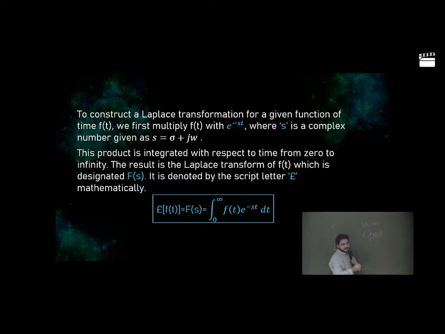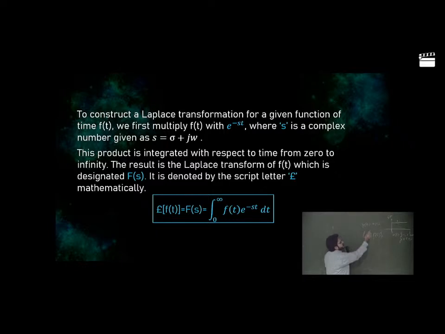Everybody knows what u(t) is. The unit step function is 1 when t is greater than or equal to 0, and 0 when t is less than 0. So for time less than 0 the function is 0, and for time greater than 0 it is 1. This is called the unit step function.